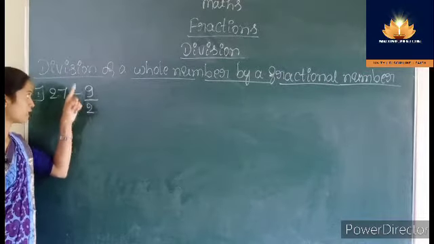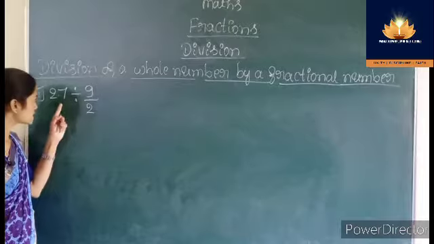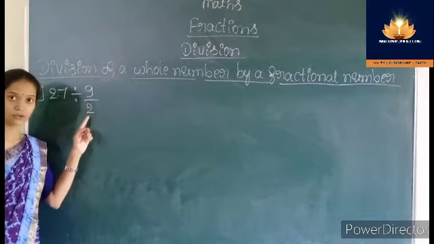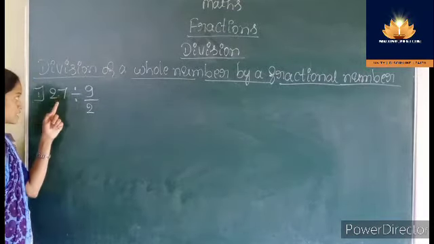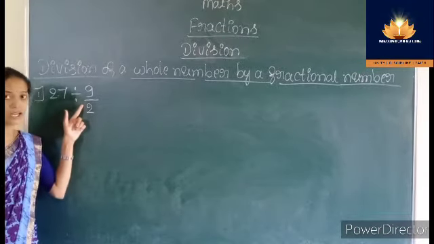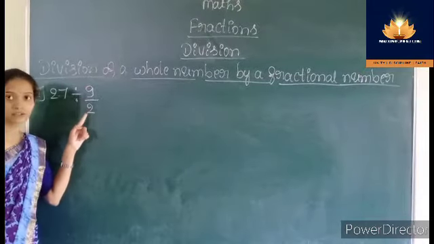27 divided by 9 upon 2. We have to divide 27 by this 9 upon 2. To divide 27 by 9 upon 2, first write the reciprocal of 27, then change the division symbol into a multiplication symbol, then write 9 upon 2.